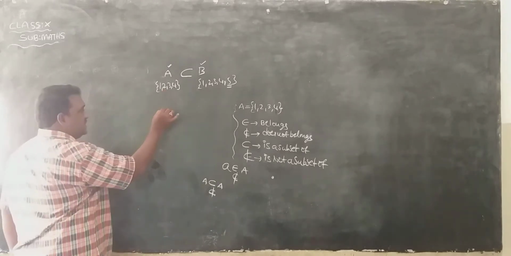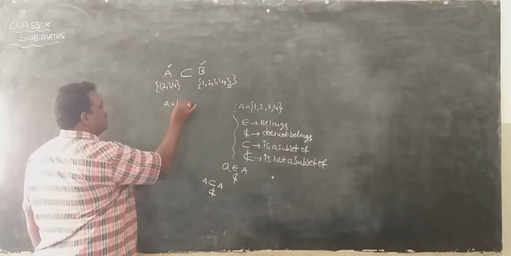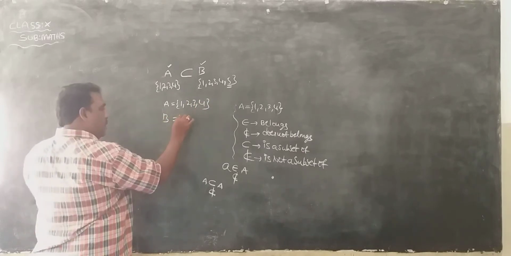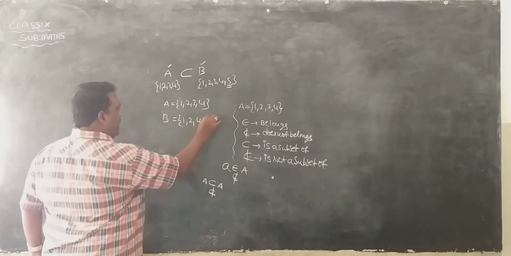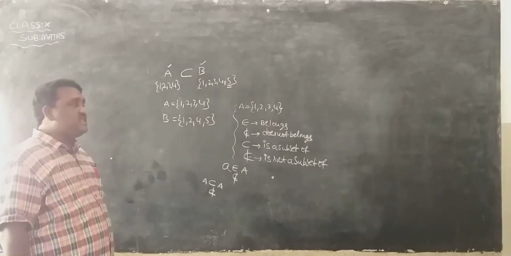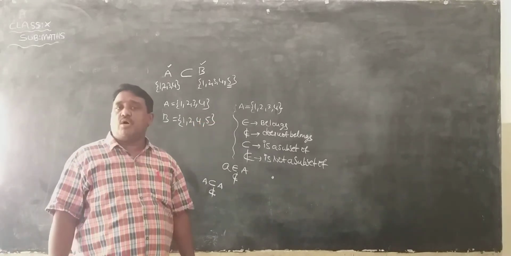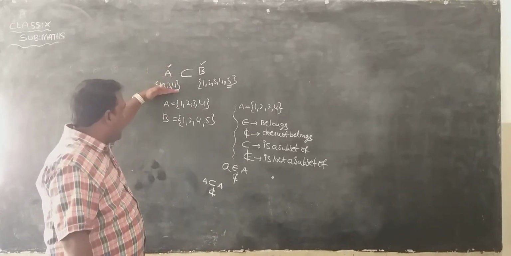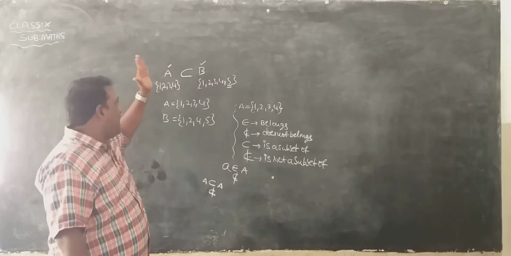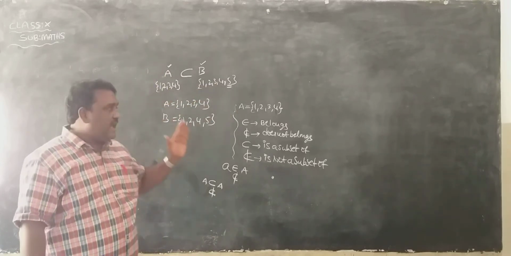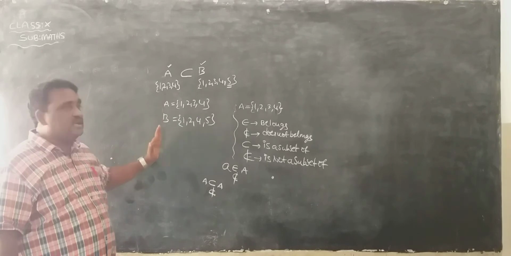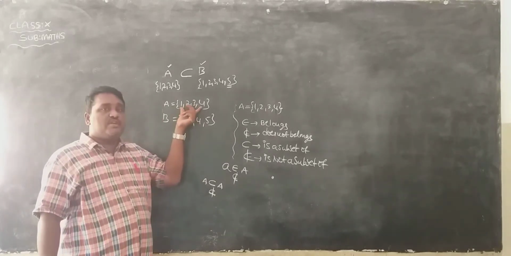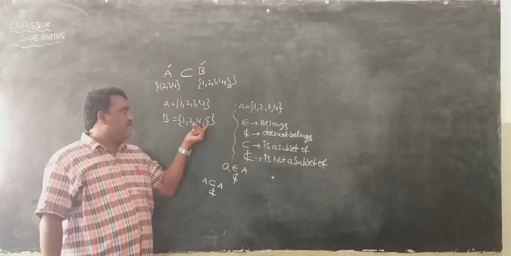Suppose it is like this: A is 1, 2, 3, 4 and B is 1, 2, 4, 5. Can we say A is a subset of B? No. Observe it. Not at all, because here A is 1, 2, 3, 4 and here B is 1, 2, 4, 5.